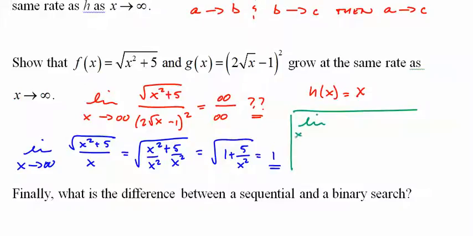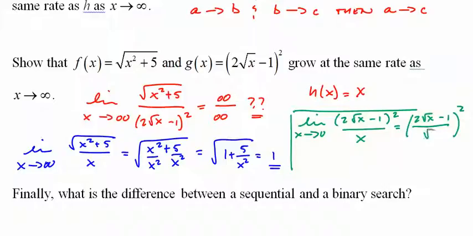Limit as x approaches infinity of 2 root x minus 1 squared over x equals 2 root x minus 1 over root x, which if I squared, I get that, which equals, and I forgot my limit sign just because I'm out of space here, 2 minus 1 over root x squared, which equals 4.